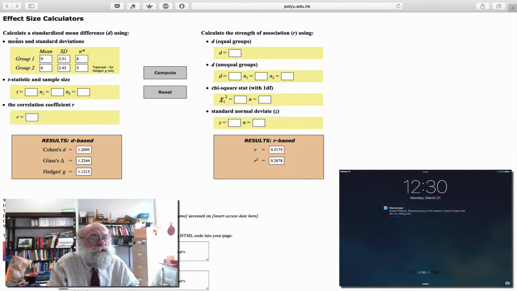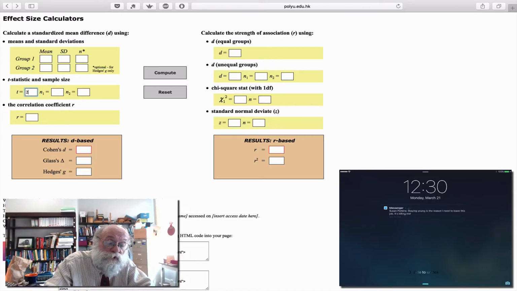He also has this set up so that if you put in the value of the t, and I often use this when I am reading some journal article and I see statistics reported and I want to see whether or not they were done right. If I put in the t, in this particular case, the swimmers versus the soccer players, the t was 2.11, and I put in the respective degrees of freedom, and they were 9 and 6.